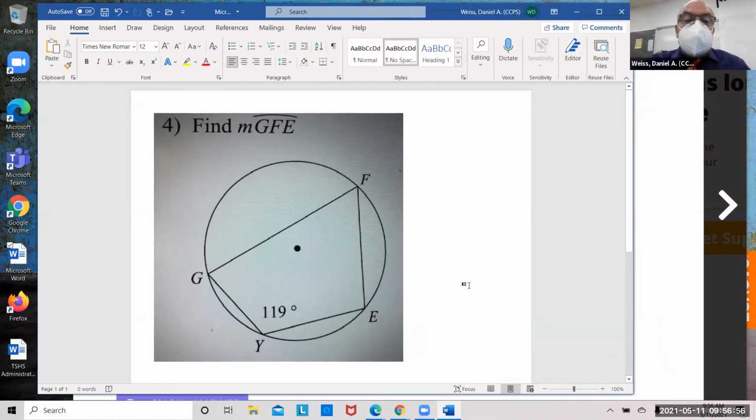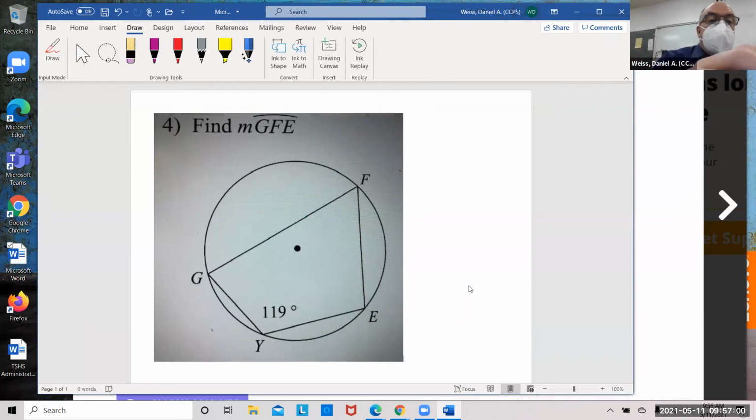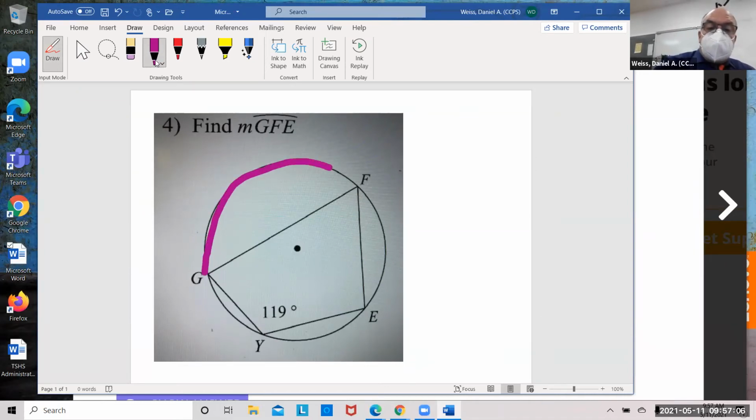The problem is saying, what is this arc?